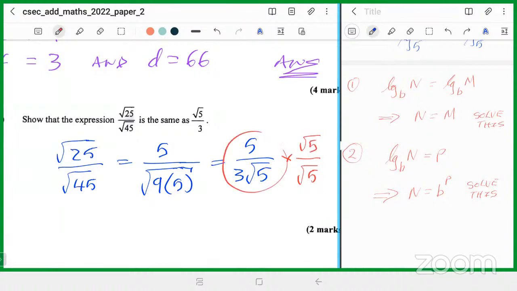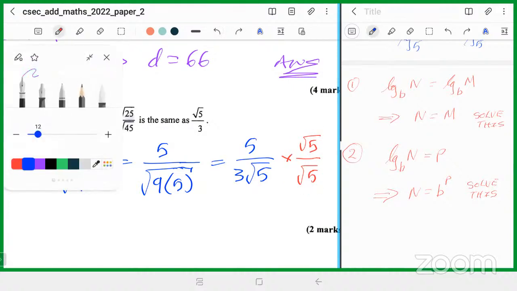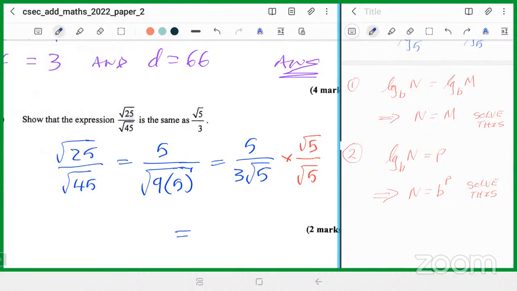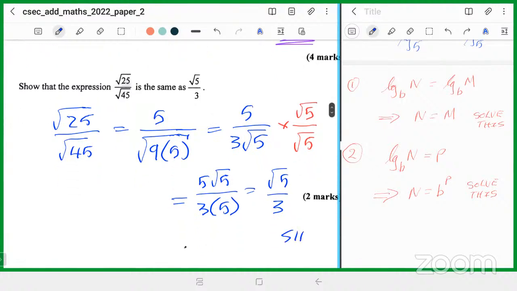Multiply by root 5 over root 5. What will I get? Root 5 times root 5 is 5. So the numerator becomes 5 times root 5, and the denominator becomes 3 times 5. Then this 5 cancels this 5, and I'm left with 5 root 5 over 3. And so shown.